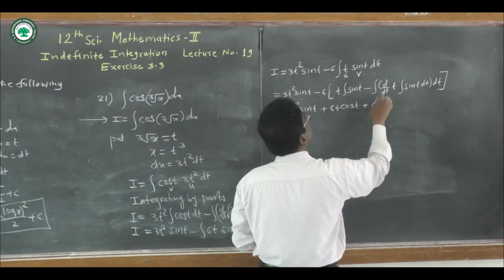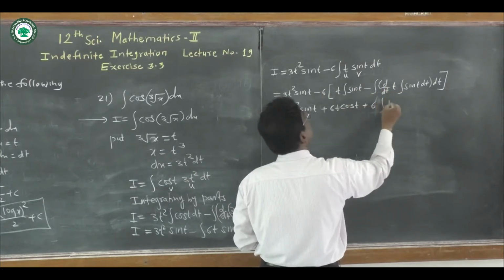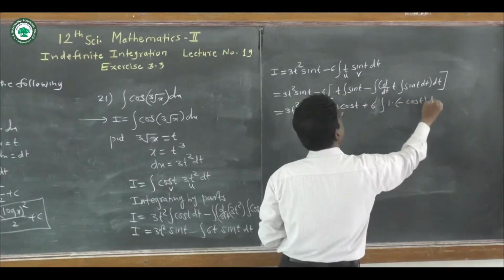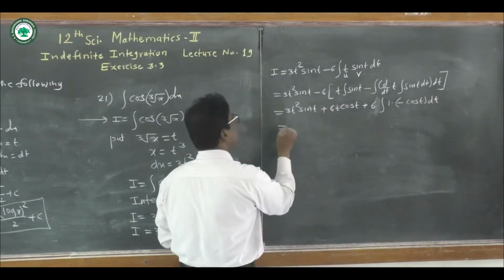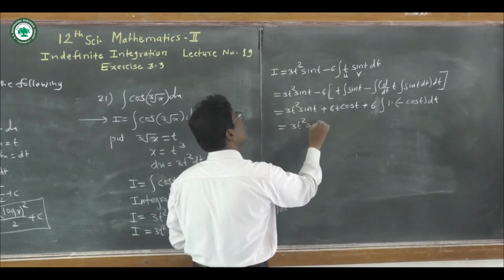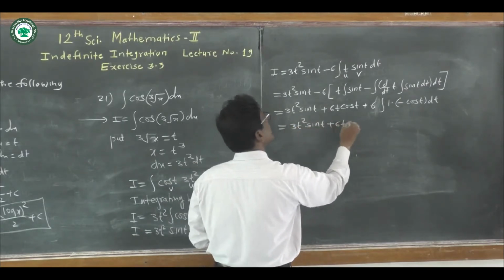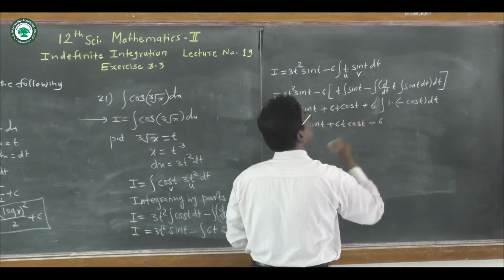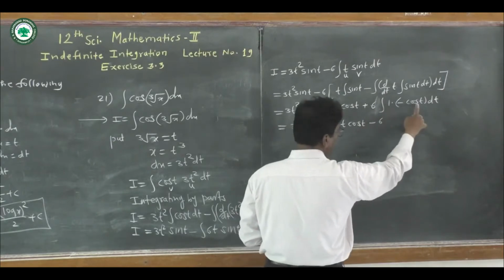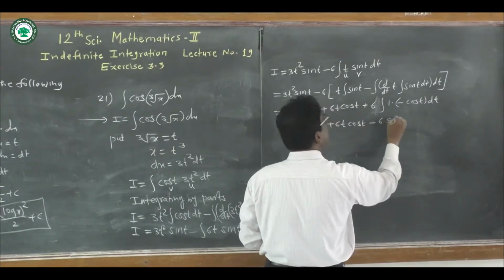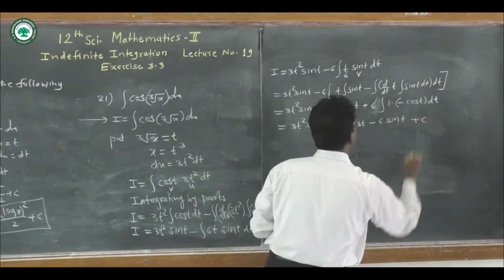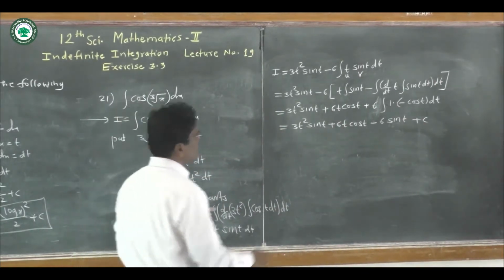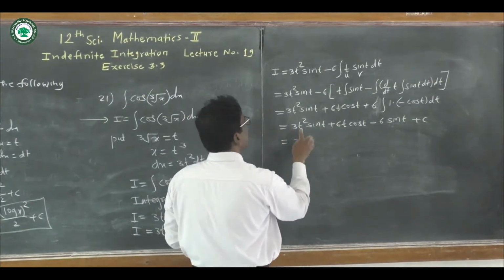So integration of d by dt of t is 1, integration of sin t is minus cos t, dt, and now it is equal to 3t square sin t plus 6t cos t plus, and this minus minus 6, and integration of cos t is sin t, so it is sin t plus constant of integration.